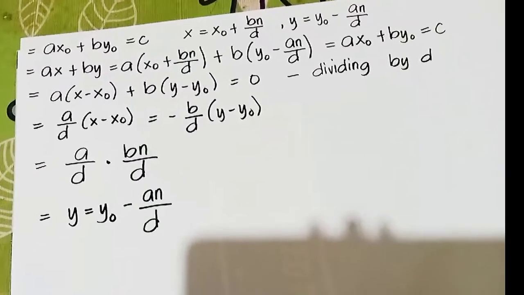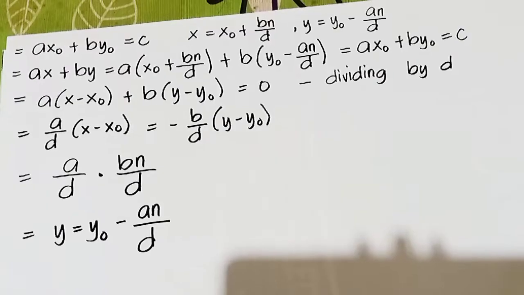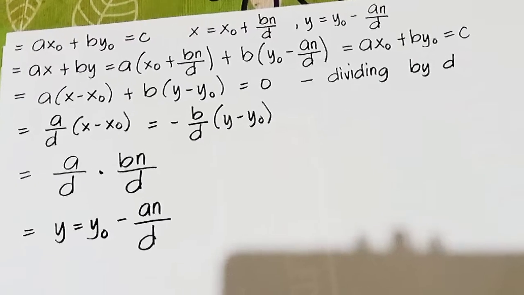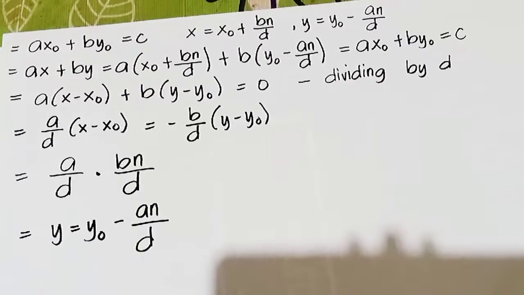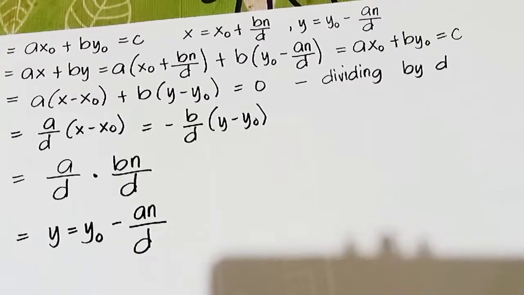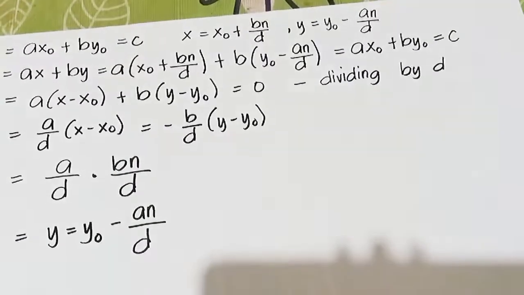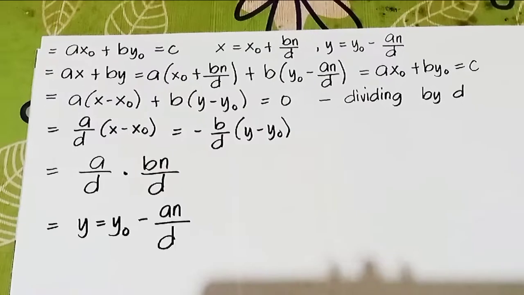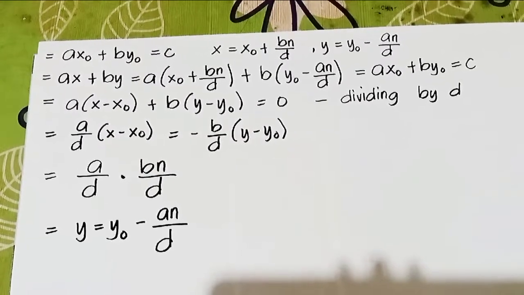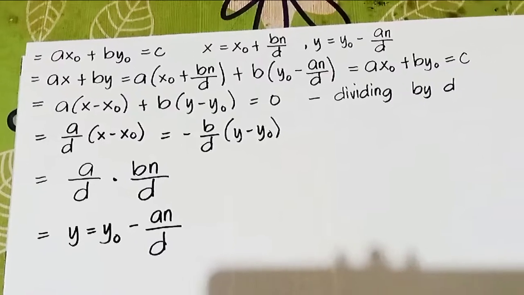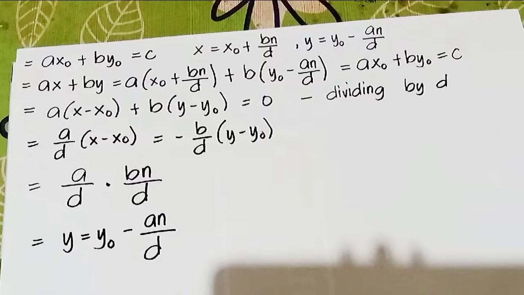So x, y are also a solution. So if d divides c, and we use x0 and y0 as a particular solution, then the values of x and y are also a solution. We know from the previous theorem that x and y are integers, since d divides b and a. This gives us many solutions for the different integers n.